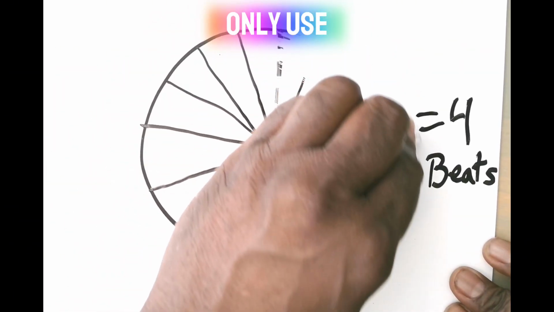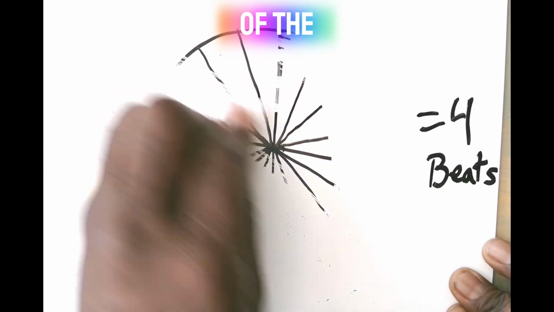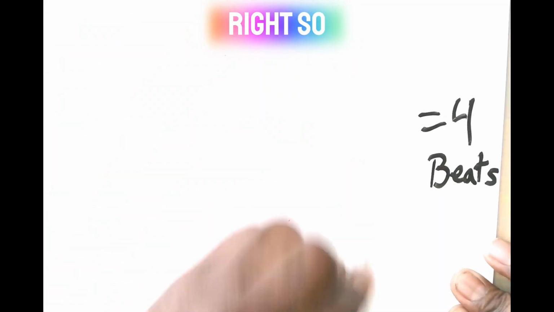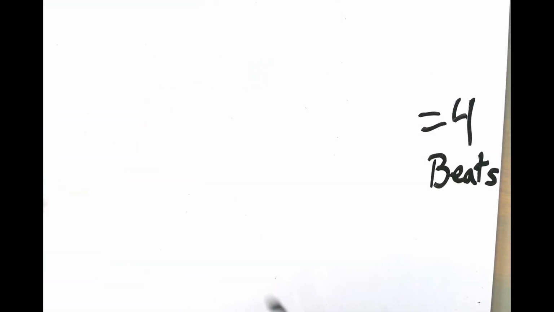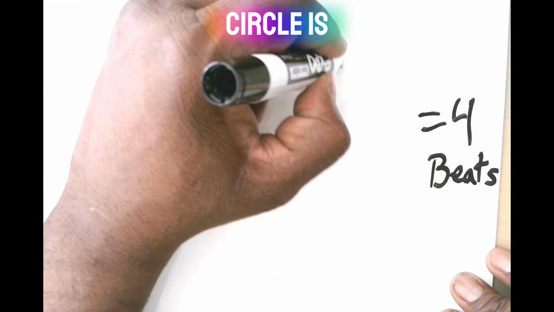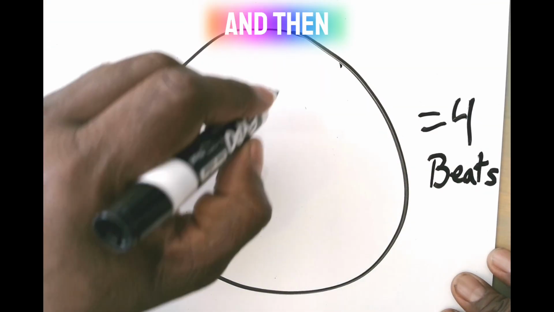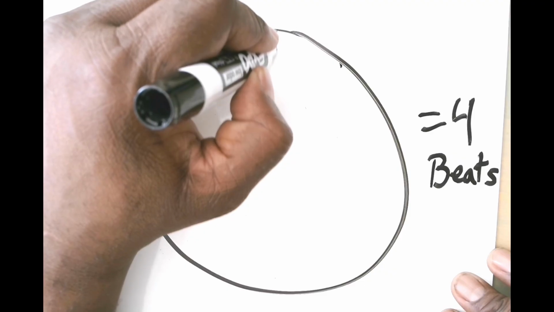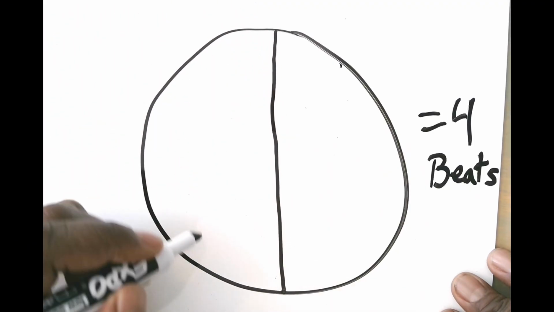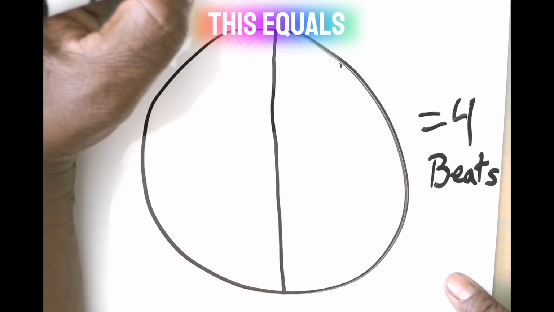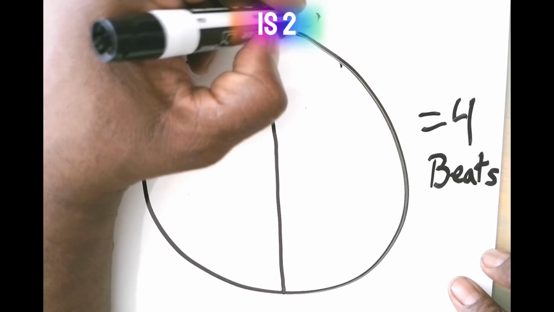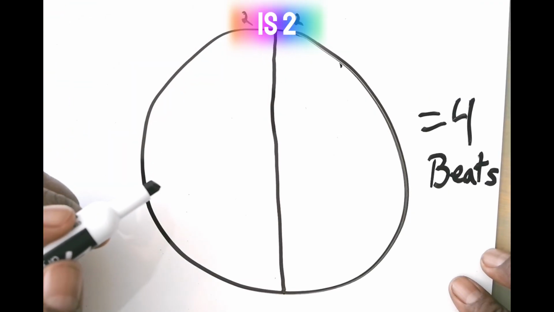But let's say I was to do the same thing and then only use one piece of the circle for each part. So again, the whole circle is our whole note. And then if I divide it in half, this equals 4 beats. This part is 2. That part is 2.